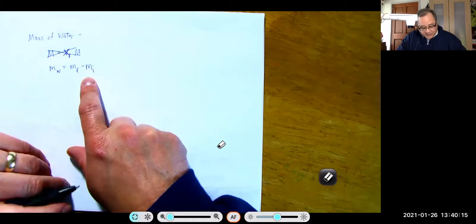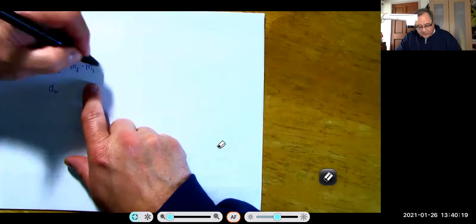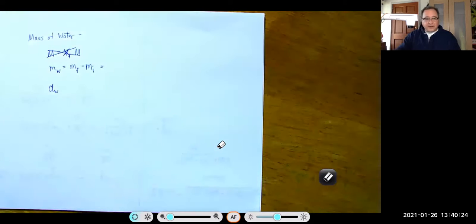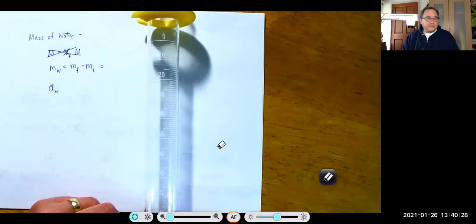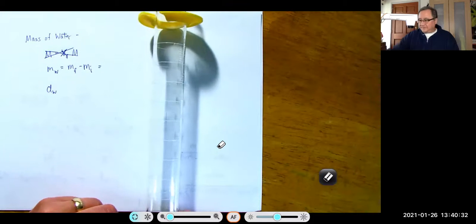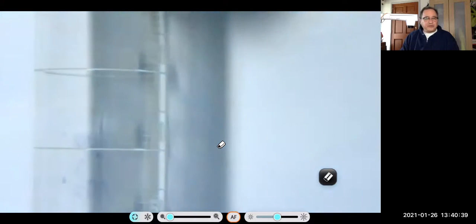So that's going to be the mass of your water. The density of the water, and here you're going to put in actual numbers here. And if this is your graduated cylinder, so this is your graduated cylinder.